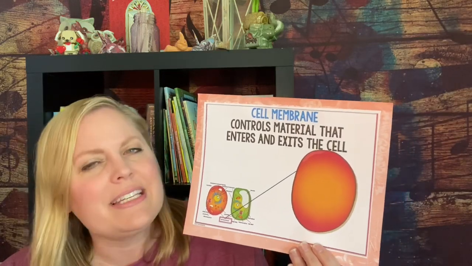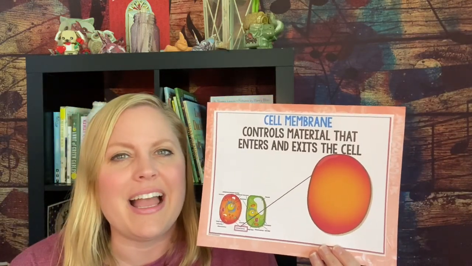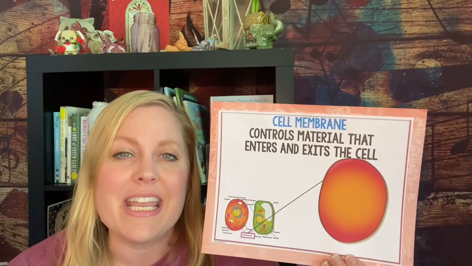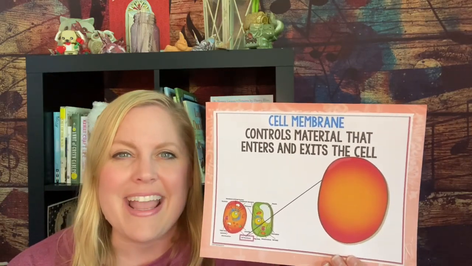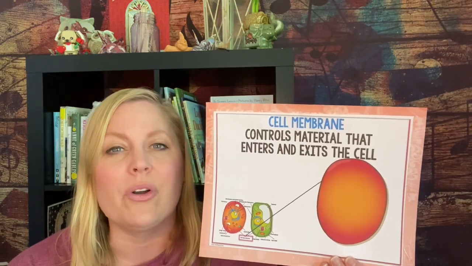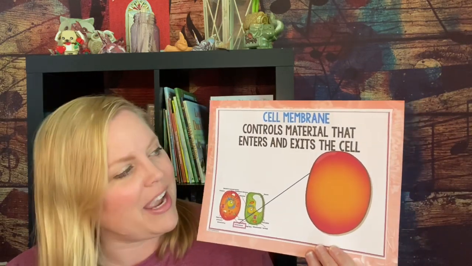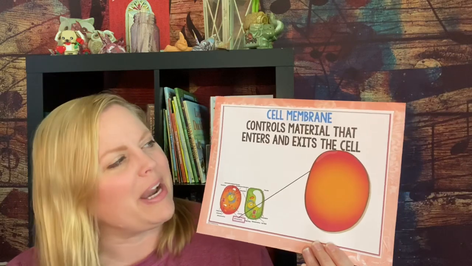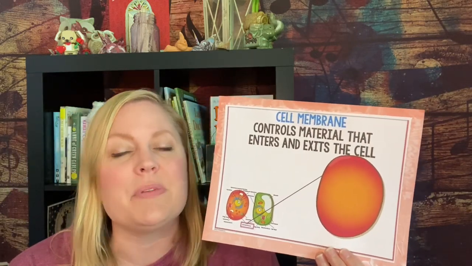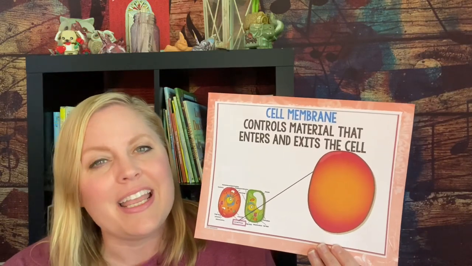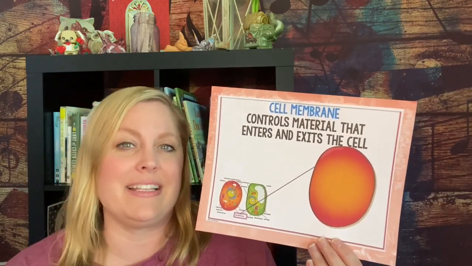If you were looking at the characteristics of a city, you might say that it's very much the same as a city border or the city limits, okay? And that is the cell membrane. It keeps material inside and allows material to enter in. It also allows material to exit.